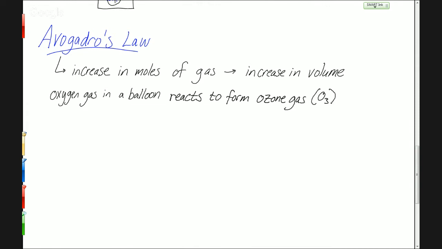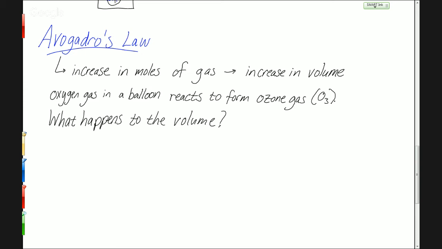Ozone is O3. And the question is, what happens to the volume in the balloon?